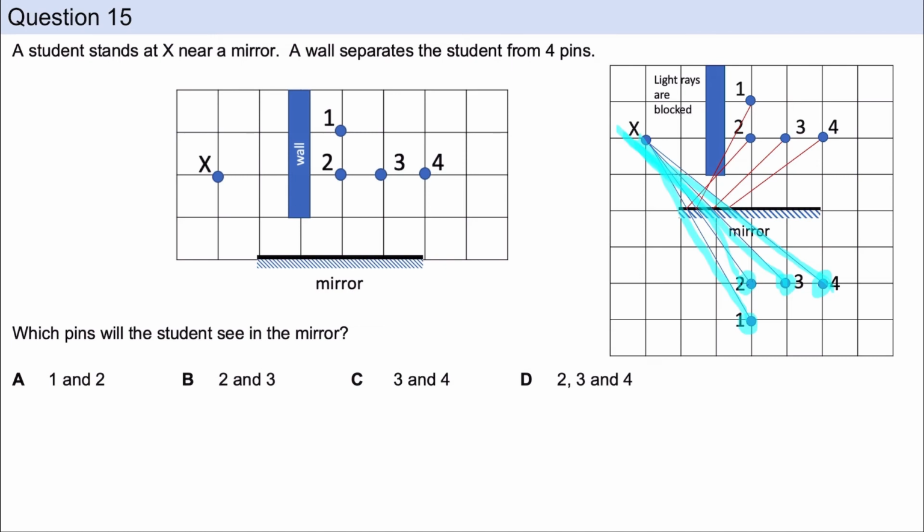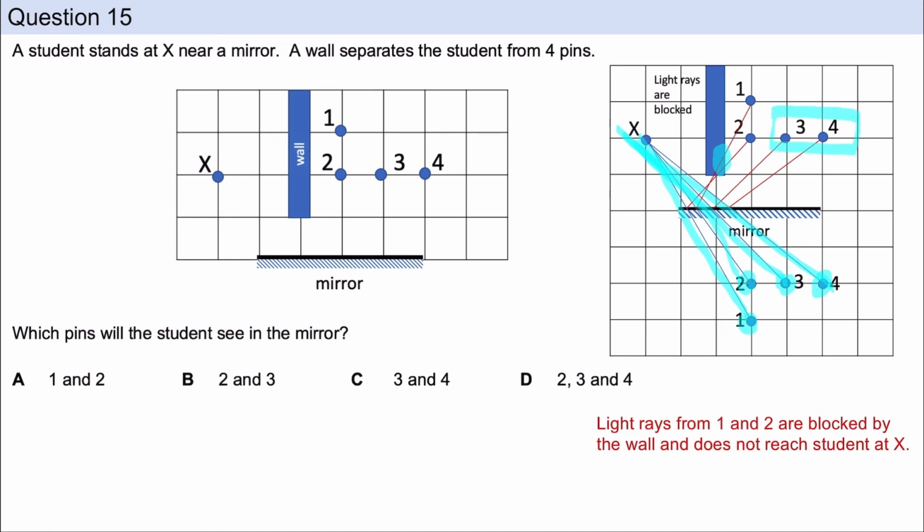You will realize that of these 4 red lines, light ray 1 and 2 are blocked by the walls, so these light rays will not reach X. So the student at point X will see pins 3 and 4, and that will be the answer.